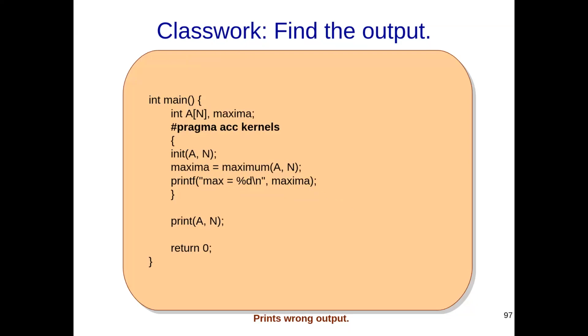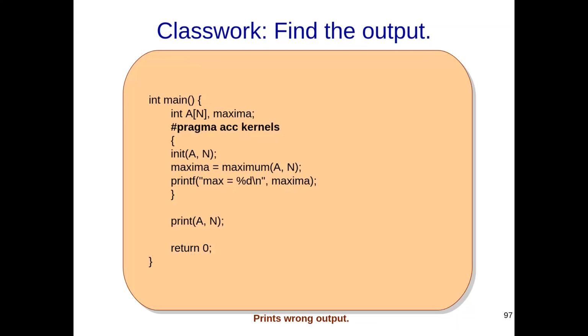Possibly it is not able to understand the dependency. Maybe because it is not understanding where it has to place a reduction or something. So this max needs a reduction, right? So kernels is not about.